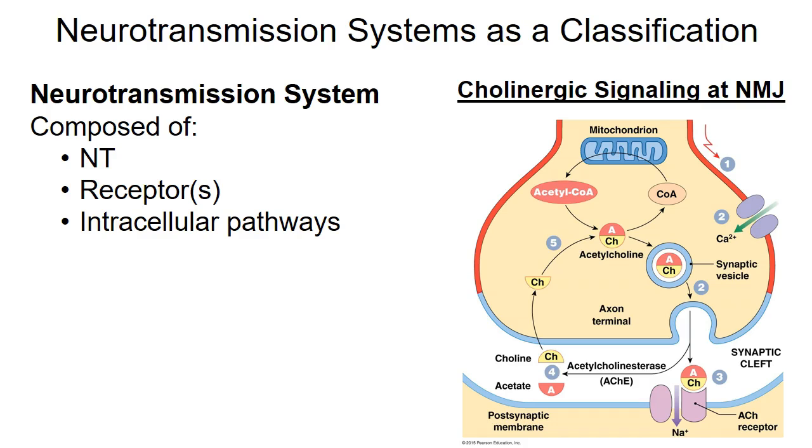But if we're talking about cholinergic signaling in cardiac muscle, okay, now what type of receptor are we looking at there that acetylcholine binds? Is it going to be a ligand-gated ion channel? No. What is the other type of receptor we talked about?